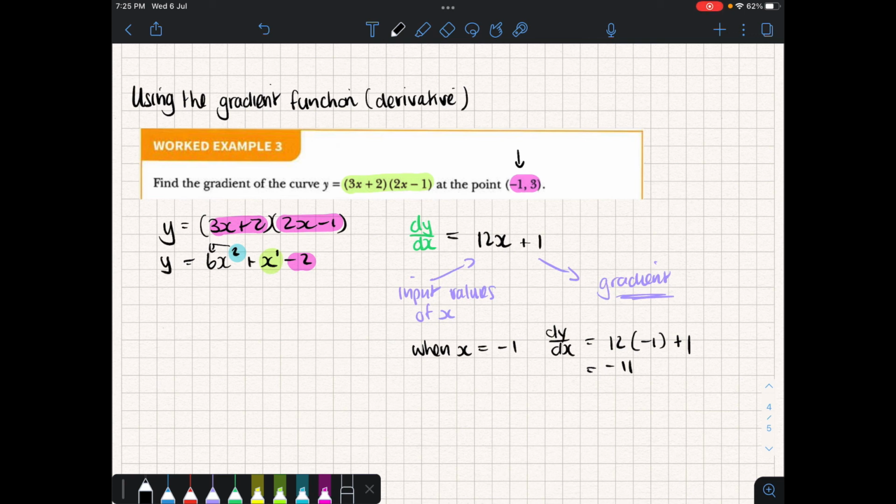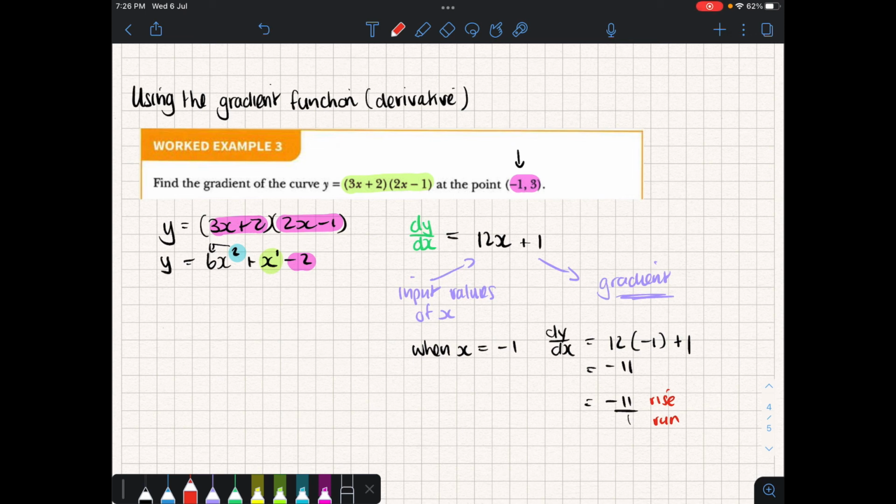In other words, it's changing by 11 units down for every 1 unit it goes across. Okay, because remember, minus 11 can be written as minus 11 over 1. So this is rise over run. So we are rising down by 11 units for every 1 unit. So that's quite a steep gradient.